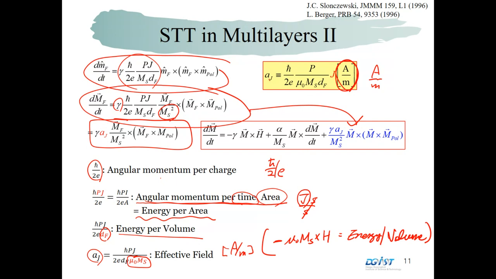Okay, so the AJ is the field unit, and the m square may be cancelled, two of them. So this is the gamma AJ and m. That's the same unit as here. Okay. So please remember that this AJ, with the spin transfer torque, has the unit of the field.